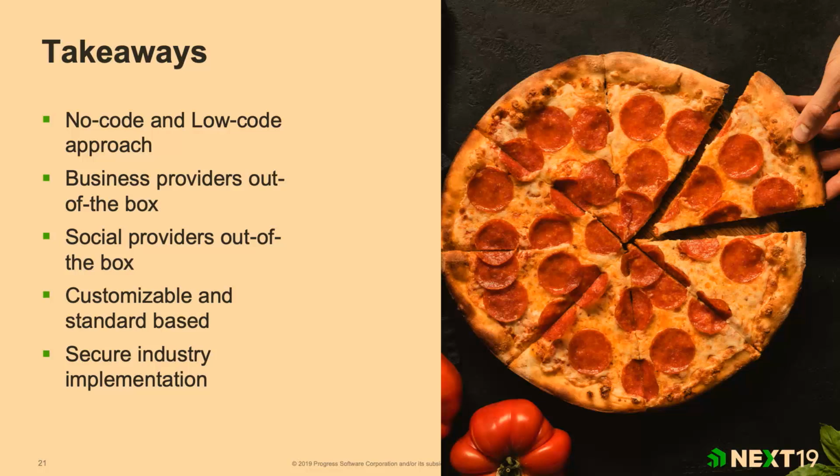And everything is very customizable thanks to OWIN middlewares, and everything is out there, open source, governed by experts in the field, and patched very frequently. So you can rely on Sitefinity because we rely on a very robust solution under the hood, embraced by the whole .NET community.